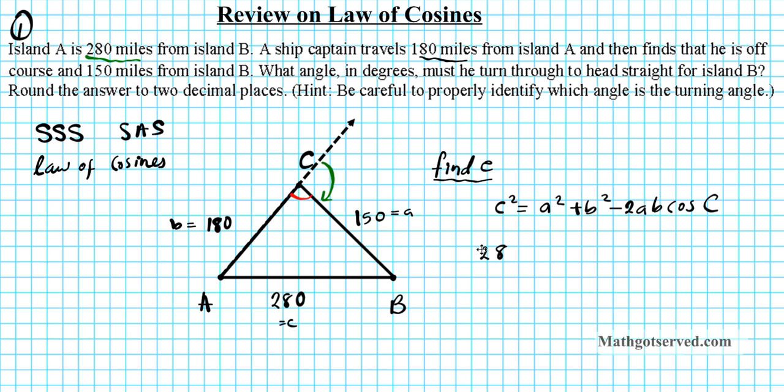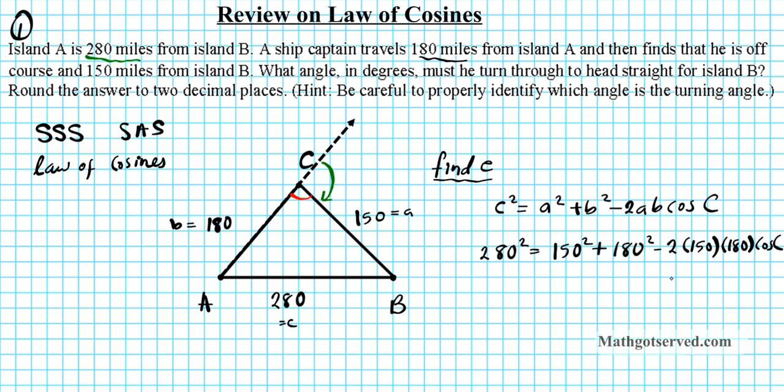We have 280 squared equals 150 squared plus 180 squared minus 2 times 150 times 180 cosine C.